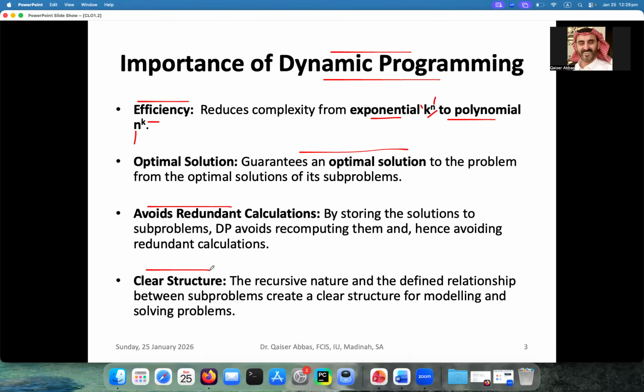And then, clear structure. In DP, there is a recursive approach. There is also an iterative approach, but there is a recursive approach through recursion.